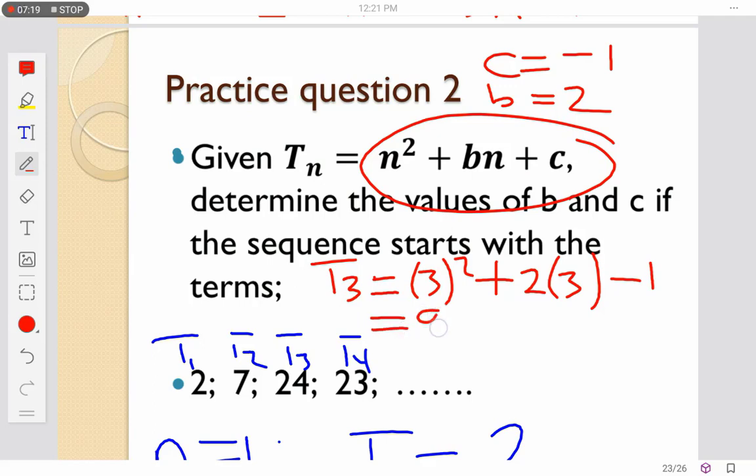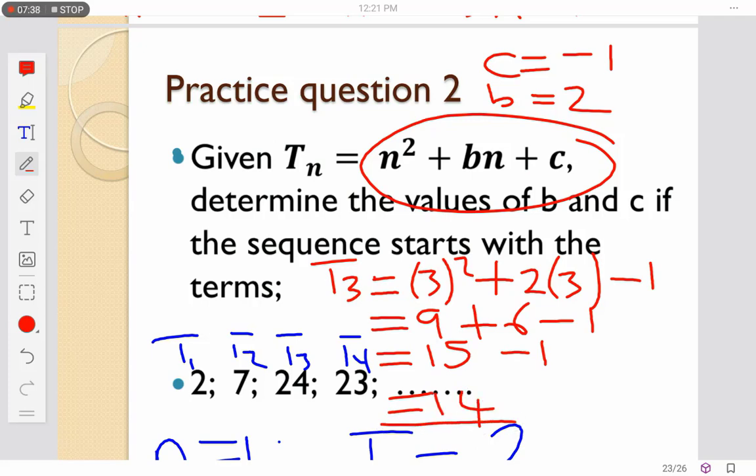This becomes 9 plus 6 minus 1. 9 plus 6, we get 15. At the end of the day, we'll get 14. From the formula, this was 14 here. You can even cross-check if you want.